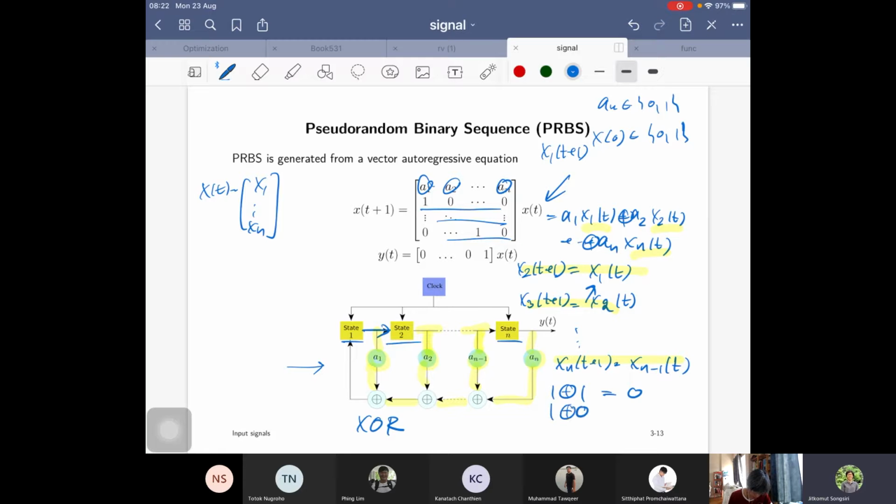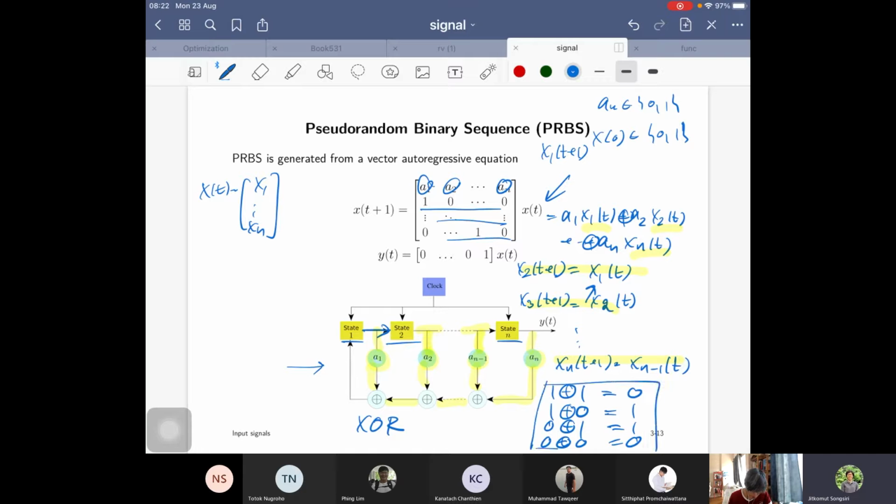1 XOR with 0 is going to be, sorry, it should be 1. And what about 0 XOR with 0? It's 0.